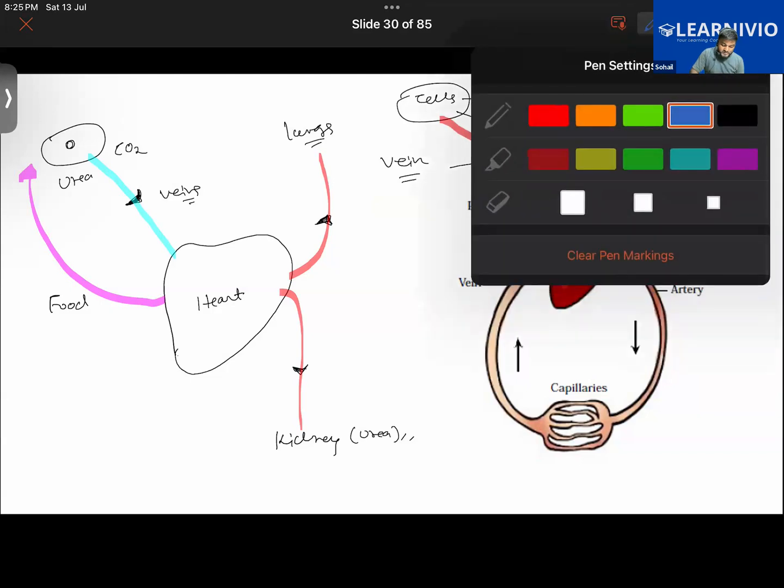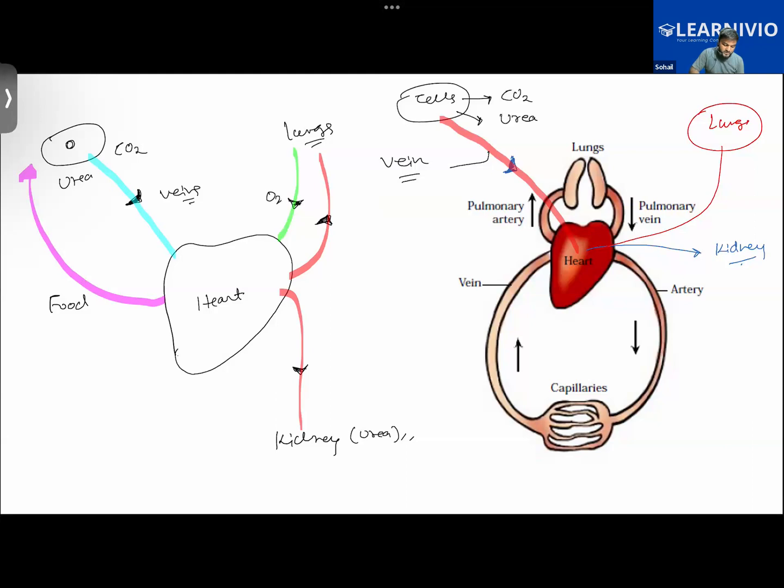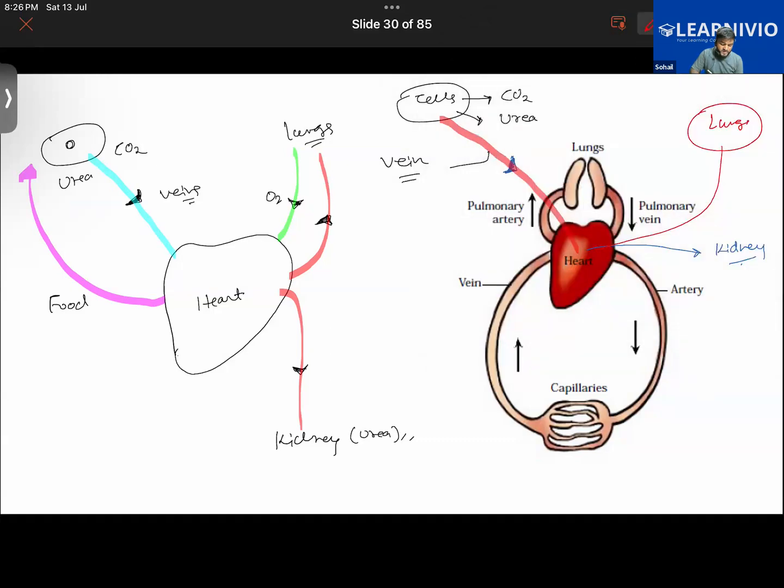Furthermore, oxygen-rich blood would be coming from the lungs towards the heart. And some of the blood vessels would carry the food towards the heart also.